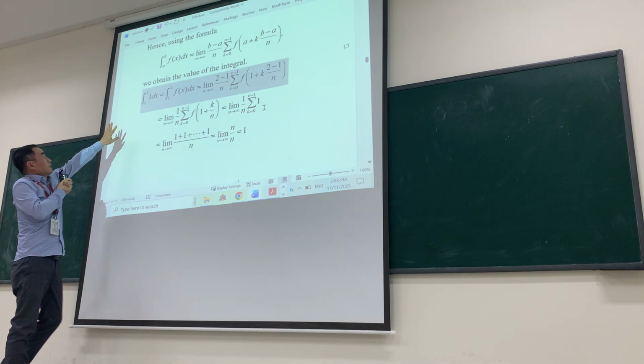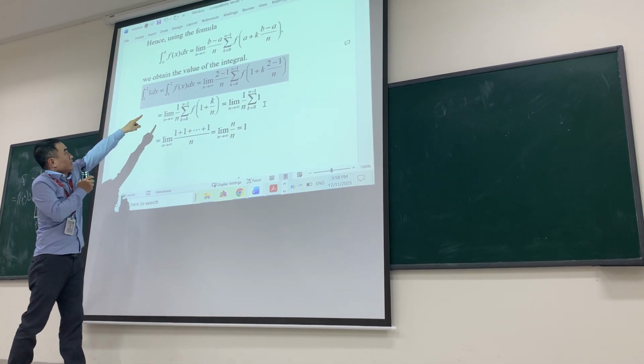You can see the integral from 1 to 2 here.